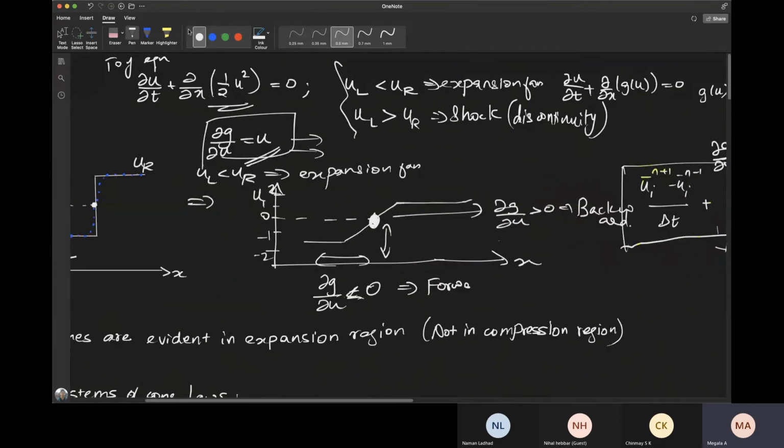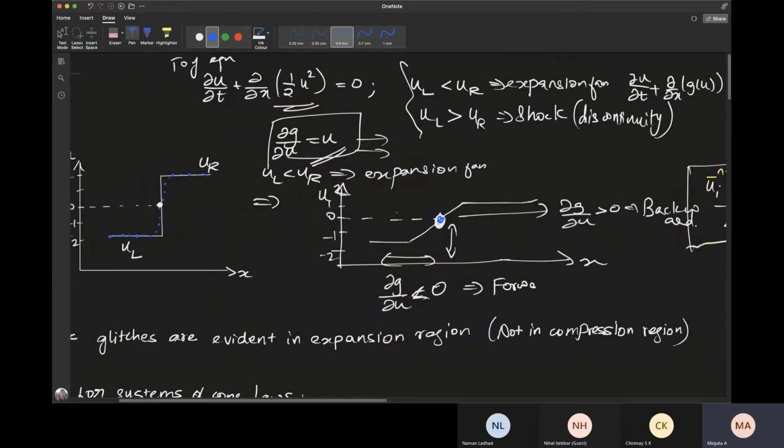So essentially the scheme itself gets modified right at this point. What will happen? How will the results be?